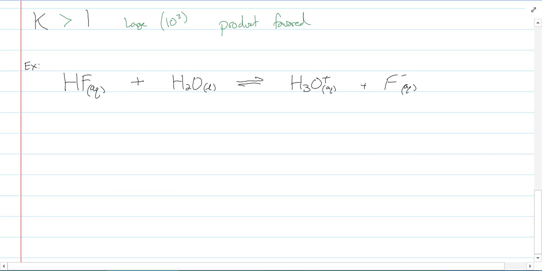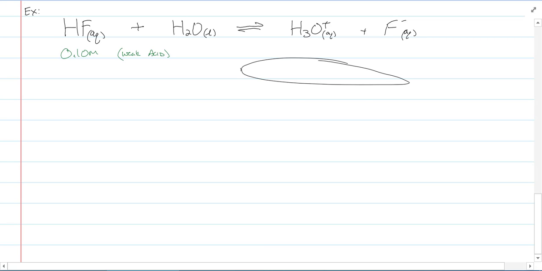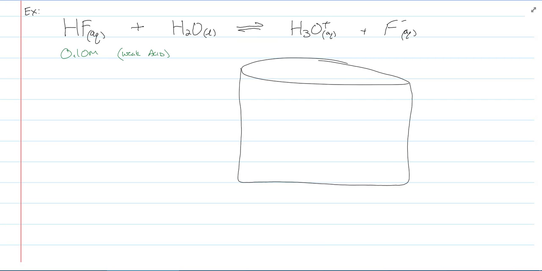If I initially start with 0.10 molar, what happens? Well, it's a weak acid. I'm going to have stuff in my container. Let's say it's just a beaker, which probably wouldn't be glass, let's say a plastic beaker, since HF reacts with glass. And there's my liquid.